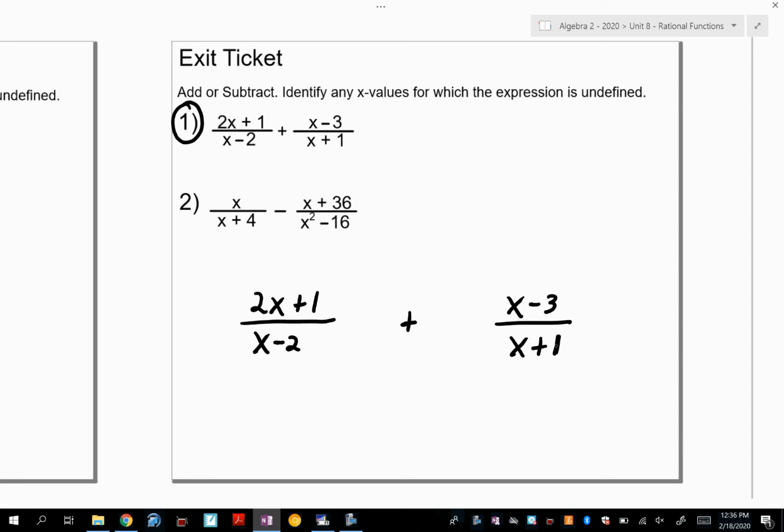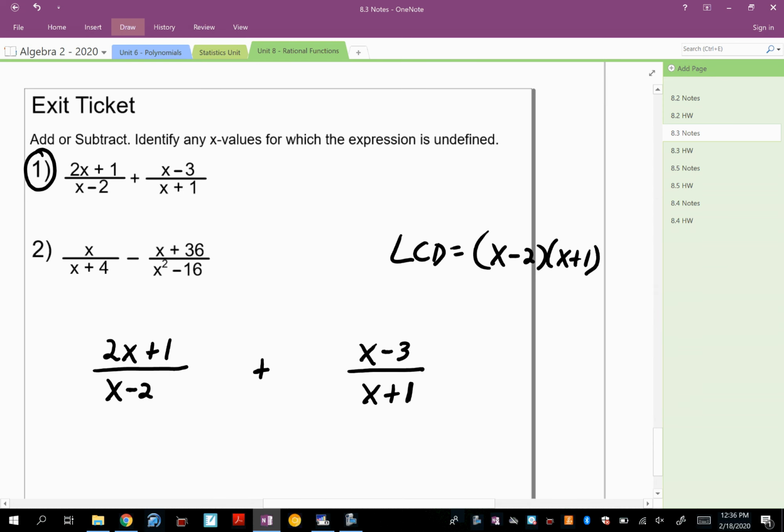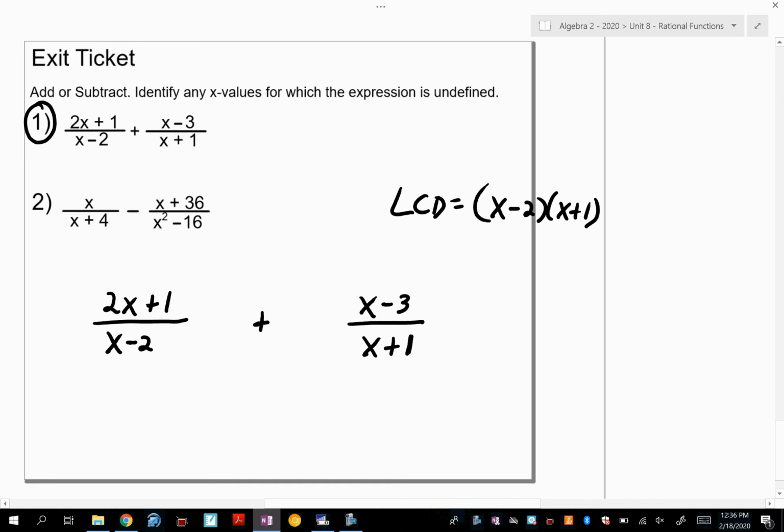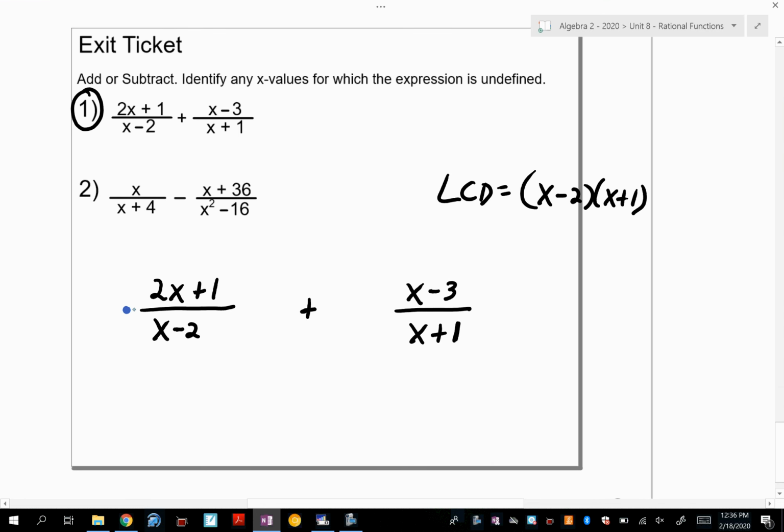Okay, what do you notice about these denominators? They're not the same, and they cannot be factored. All right, so actually, if they have nothing in common, the LCD is the two of them multiplied together. Cool, so if you want to get a common denominator, you need to multiply this first expression by what? Very good.